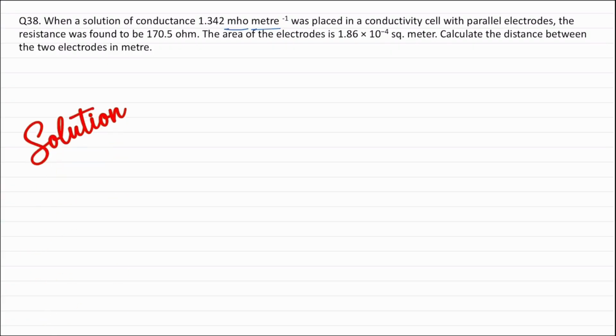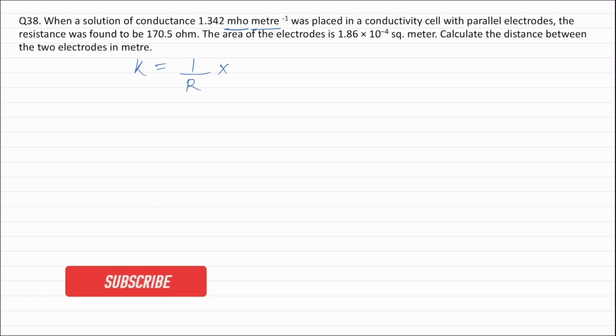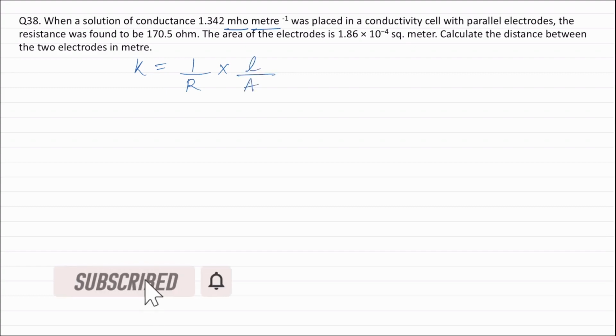The formula for specific conductance is equal to conductance, which is equal to 1 by R into cell constant. The formula for cell constant is equal to L by A, where L is the distance between the electrodes and A is the area. The value for specific conductance is given as 1.342 per ohm per meter. The value for resistance is given as 170.5 ohm.